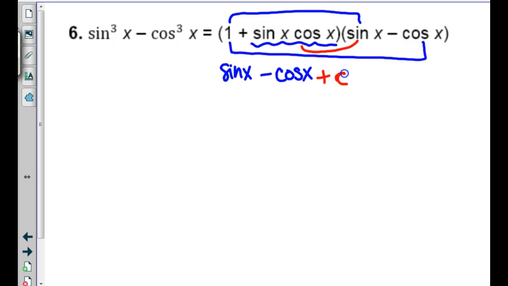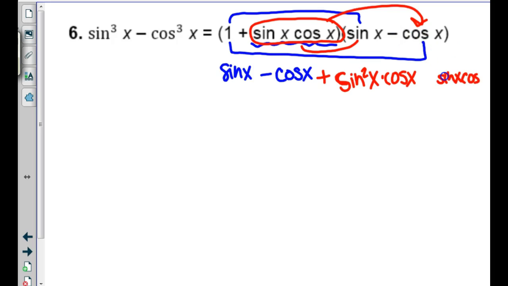Yes. Sine, it's positive, and it's sine squared times cosine. And then last times last is this ugly mess times this negative cosine. What would happen there? Sine times cosine would be sine cosine squared, and it had a minus.